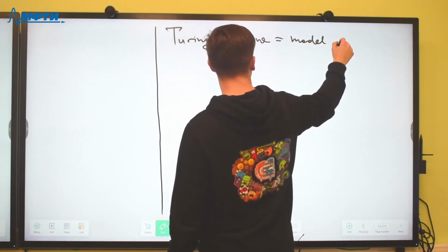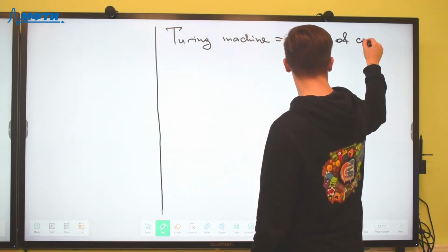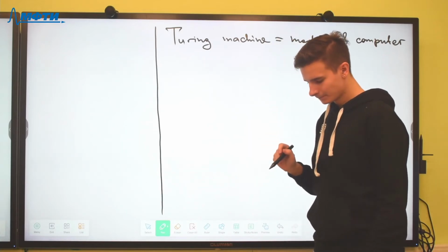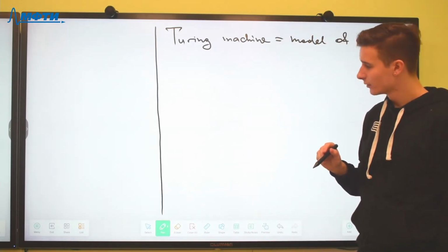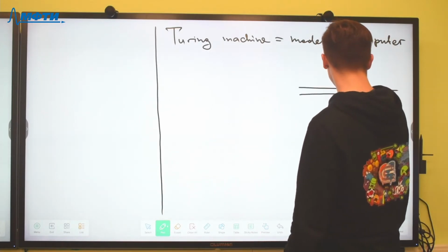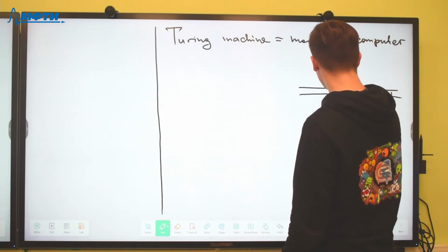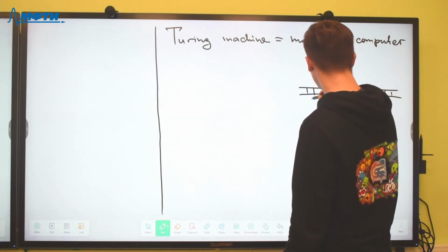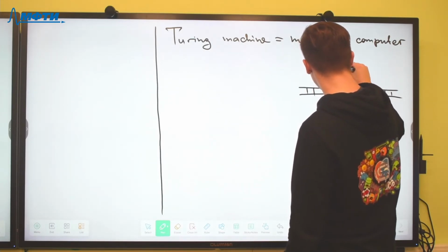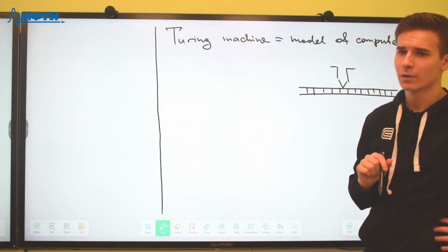The Turing machine is a mathematical model of a computer. What does it mean? You have an infinite string. We talked about it when we talked about finite automata.